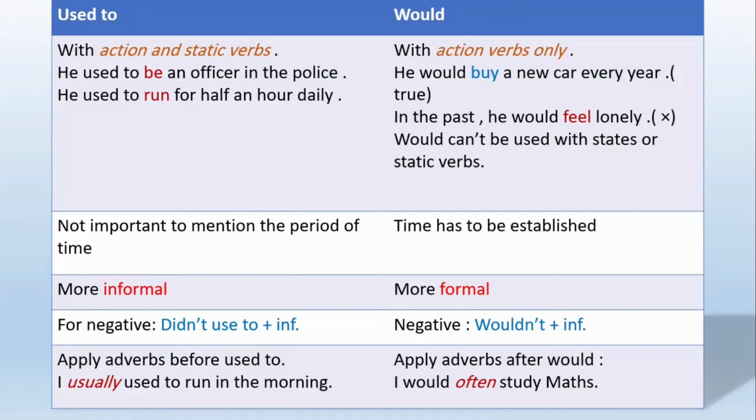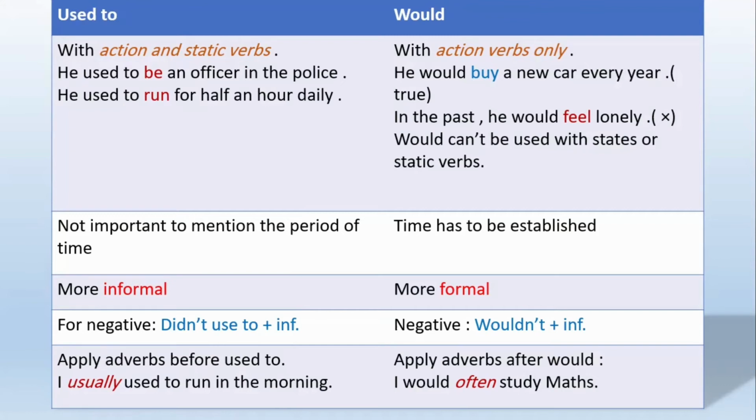They have no motion, they have no action. Okay, and the action verbs are dynamic verbs, the verbs that express movement, like run, go, play, read, write, repeat, eat, whatever. So used to is used with both action and static verbs.